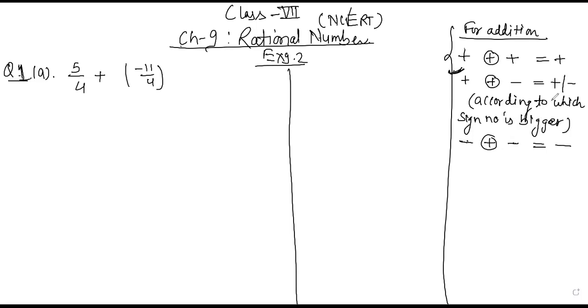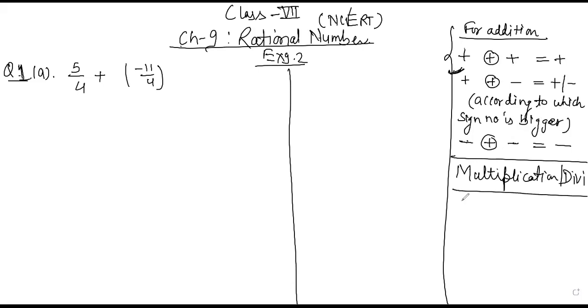The answer takes the sign of the bigger number. And the multiplication concept will hold for multiplication and division both. If a plus number is multiplied with a plus number, the answer will be plus.